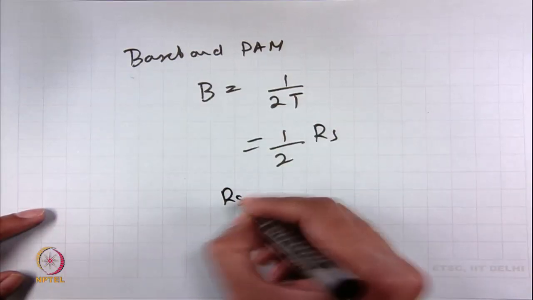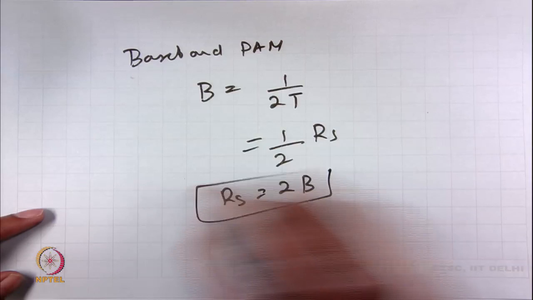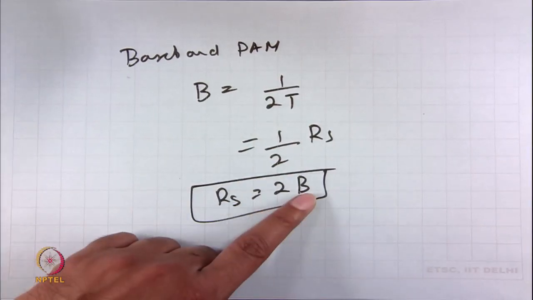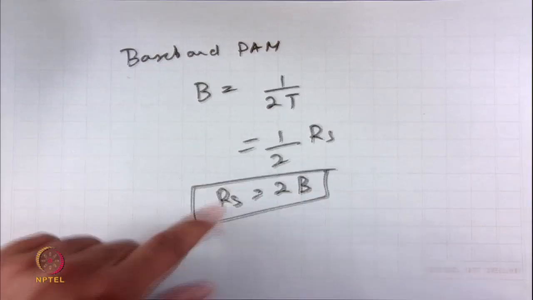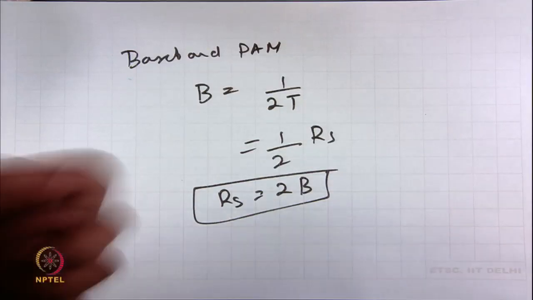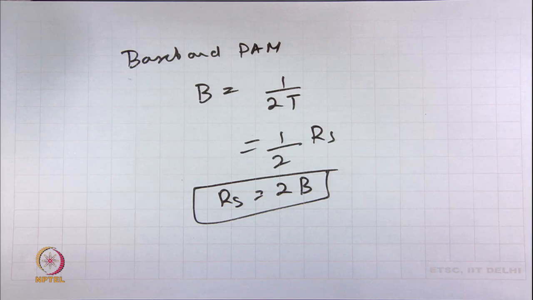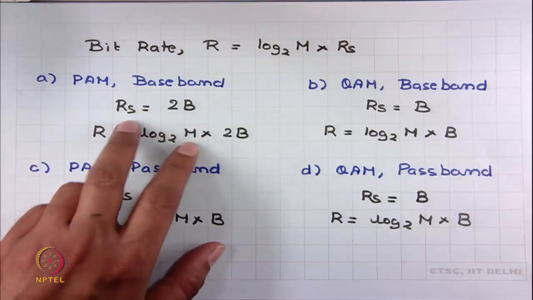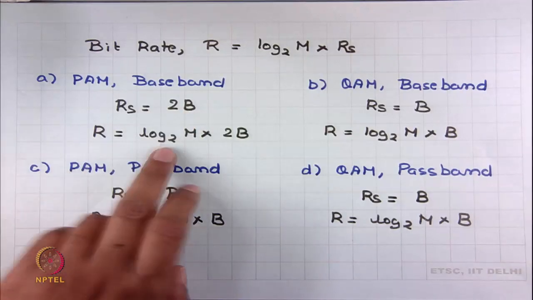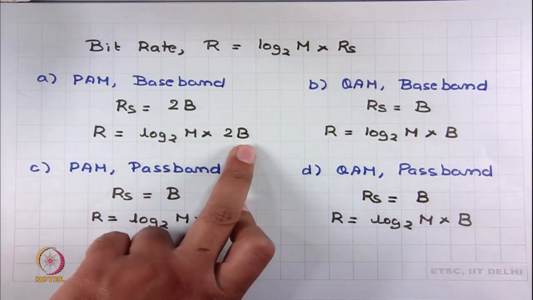So, Rs is 2 times B. So, if you have the bandwidth available to you as B, the symbol rate that you can have is 2 times B. So, the maximum symbol rate that you can have is 2 times the bandwidth that the channel offers. Okay. You cannot have a higher symbol rate than twice the bandwidth available. So, in baseband PAM, Rs is 2 times B. So, rate becomes log 2 M times 2B.